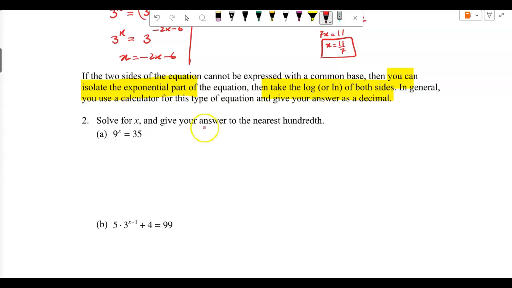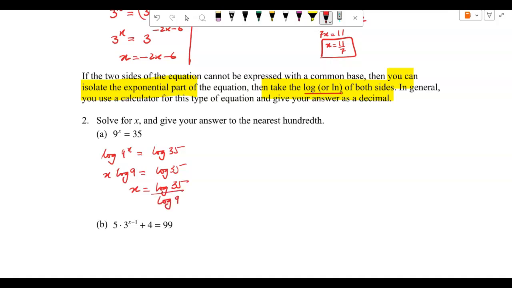Take logs on both sides, or ln on both sides. Which would you like to take, ln or log? I prefer log. So log of 9 raised to x is equal to log 35. So x log 9 is equal to log 35. So x is equal to log 35 upon log 9.